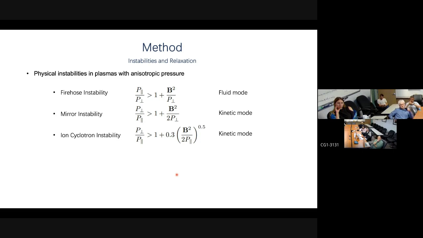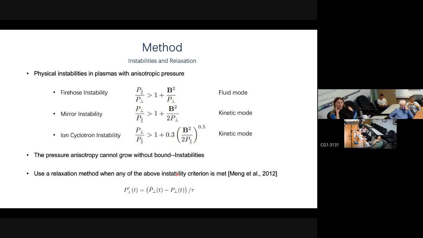And when the perpendicular pressure is too large, the mirror instability and the ion cyclotron instability can happen. We use a relaxation method when any instability is triggered, so the pressure anisotropy is reduced in a given time tau. The tau can depend on the growth rate of the instabilities, or we can just use a constant.